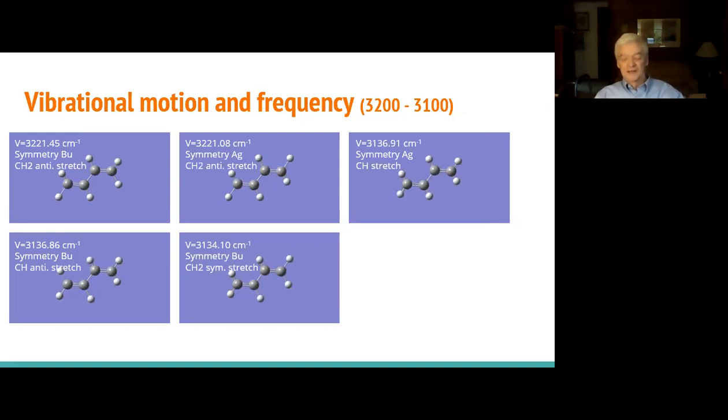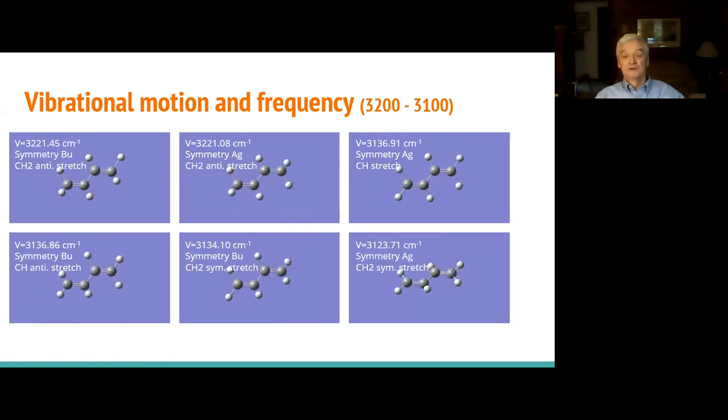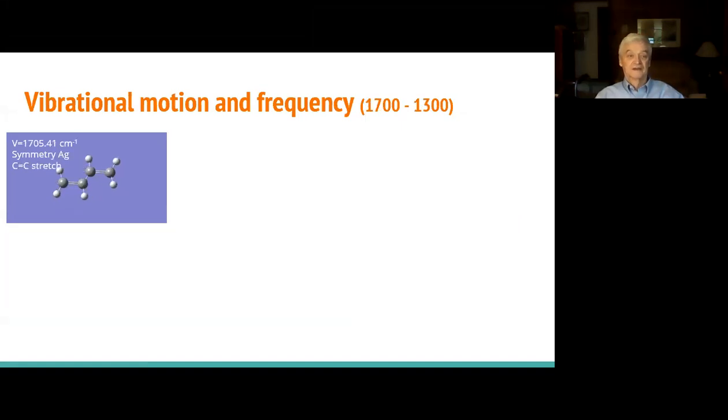So any organic molecule you're going to be looking at, you should see CH stretches. In this case, all the carbons are conjugated, so all of these frequencies are quite a lot higher. In alkanes, the frequencies are typically more like 2,900 wave numbers, a couple hundred wave numbers lower. Okay, so all 6 CH stretches.